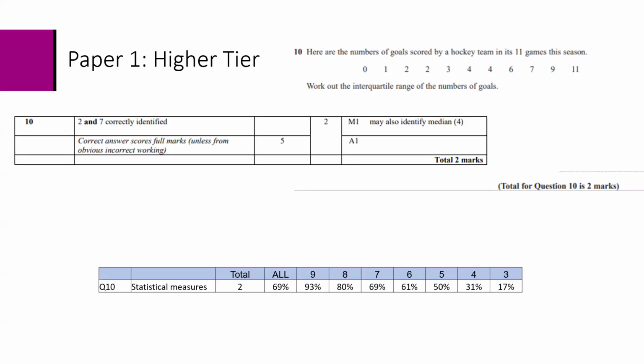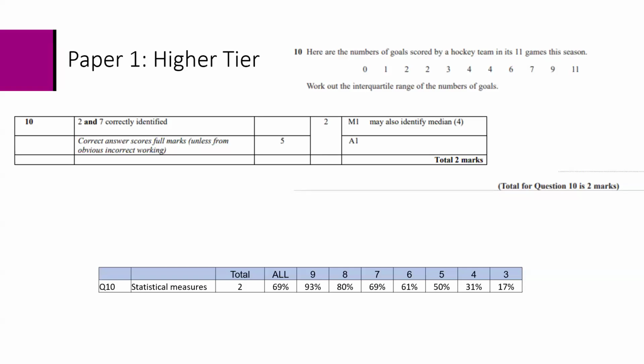And the examiners deliberately design questions at this level where it doesn't actually matter which method you use, they will arrive at the same values. So that's why the examiners don't give more elaboration within those mark schemes. We're more interested in the concept of interquartile range at this point rather than a specific method. But this is definitely one that higher tier students just need their knowledge refreshing on.